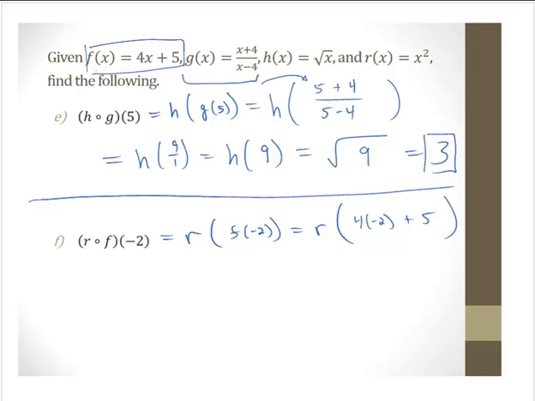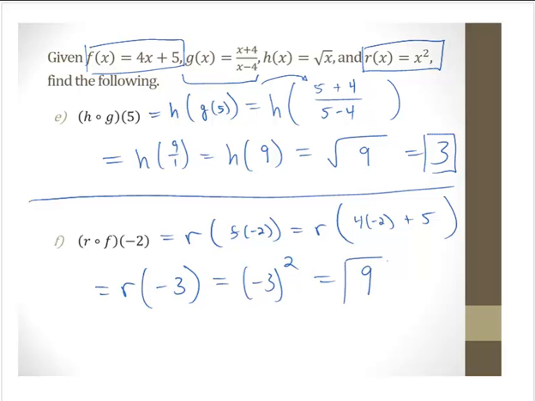All right, the f function is 4x plus 5, so substituting the negative 2. So then this would become R of, now let's see, 4 times negative 2 is negative 8. Negative 8 plus 5 is negative 3. And R of negative 3, now using the R function, that would be negative 3 squared, which is 9.